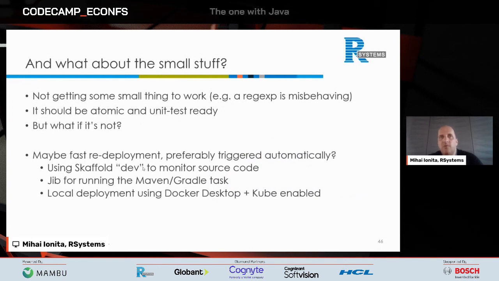And whenever there is a change in the source code, the build pipeline is automatically run again. So this allows you to have the local environment, thanks to, of course, Docker for Windows or whatever you are working on, with all the necessary dependencies around the component that you are debugging, all of them in pods.